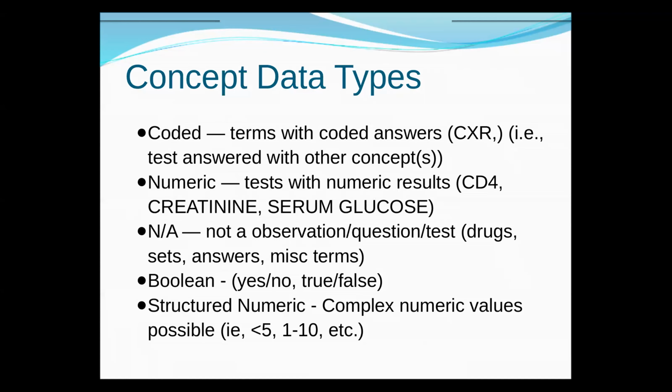We have a question which is population type, and the answers which will be selected are still concepts, so they are coded. The concept for population type, therefore, is coded because both question and answers are actually concepts.